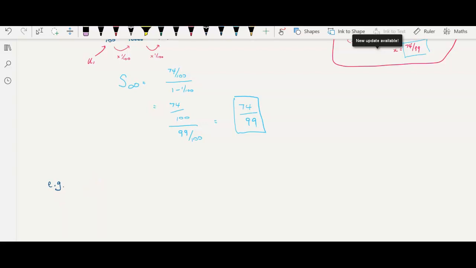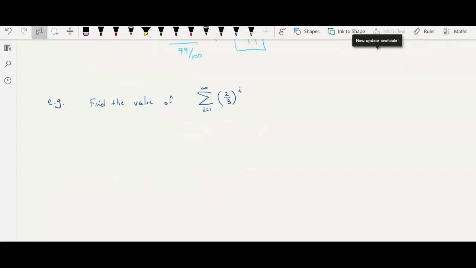So this example is find the value of the sum from i equals 1 to infinity of 2/3 to the power of i. Okay, so write the first few terms out, get the drift, and then evaluate this infinite sum using what we've just established.